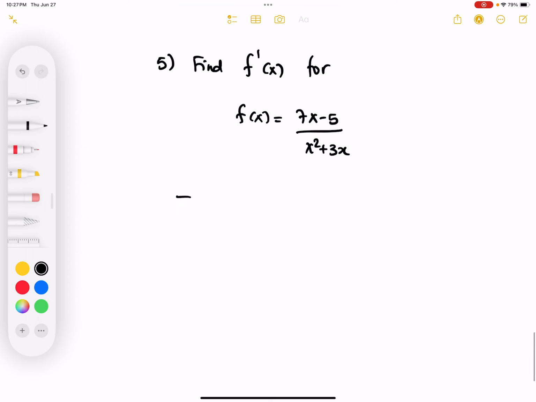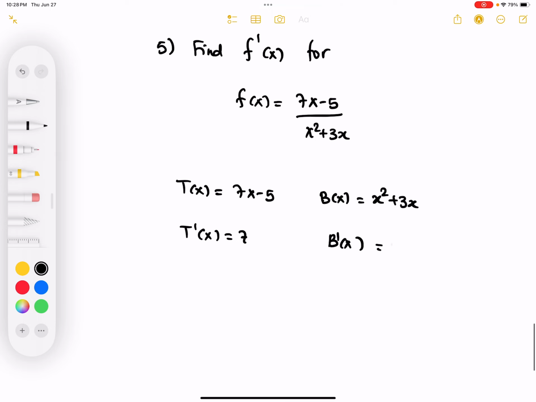First, identify the top function, 7x minus 5, and the derivative of this one is just 7. The bottom one is x squared plus 3x, and the derivative of this one is 2x plus 3.